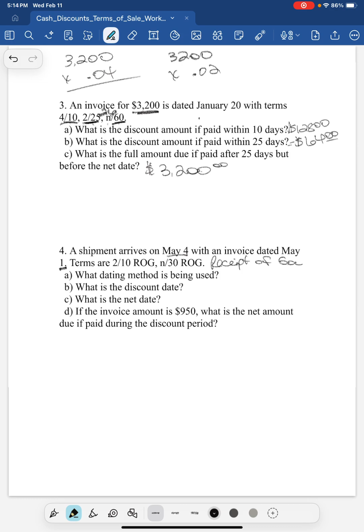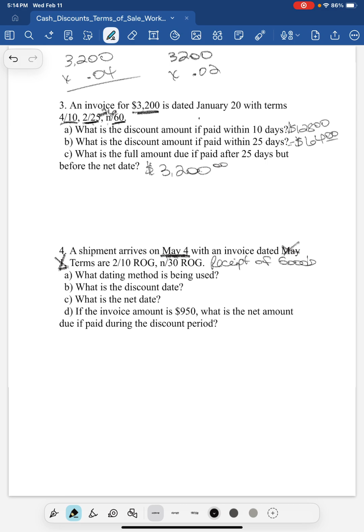That's what ROG stands for. And in ROG dating, it means that the date we start counting from is the date that they were received, not the invoice date. Lots of businesses will count days from the invoice date, but in ROG, they're counting from the date you received the goods.